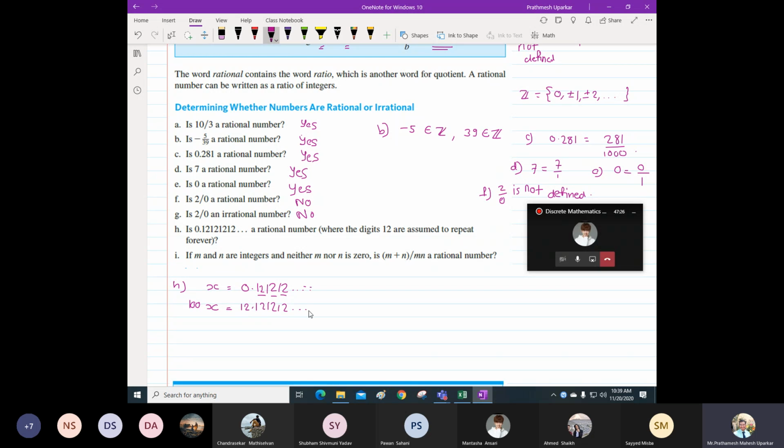12.121212 repeating. Now I will take 100x minus x. क्या होगा फिर? Which is equal to 12.121212 dot dot dot minus 0.121212 dot dot dot. क्या होगा ये वैल्यू?